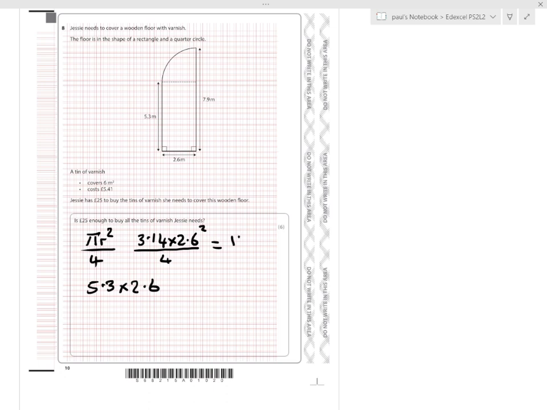That's 13.78, and the 5.3 times 2.6. What's that? So that 5.3 times 2.6 is equal to 13.78. Really?